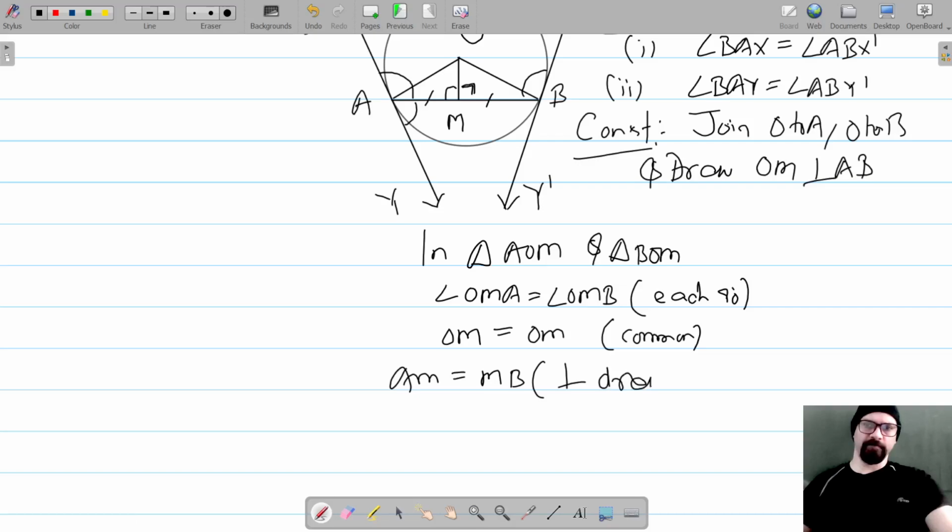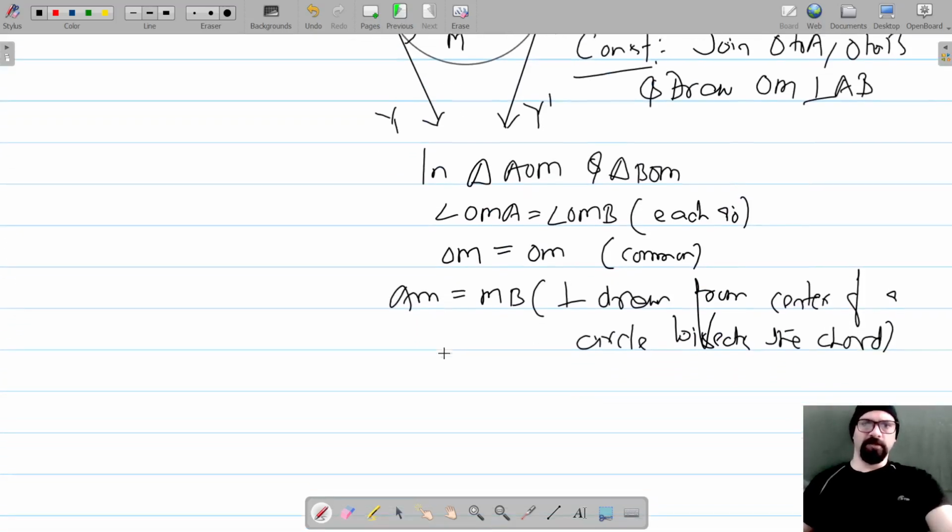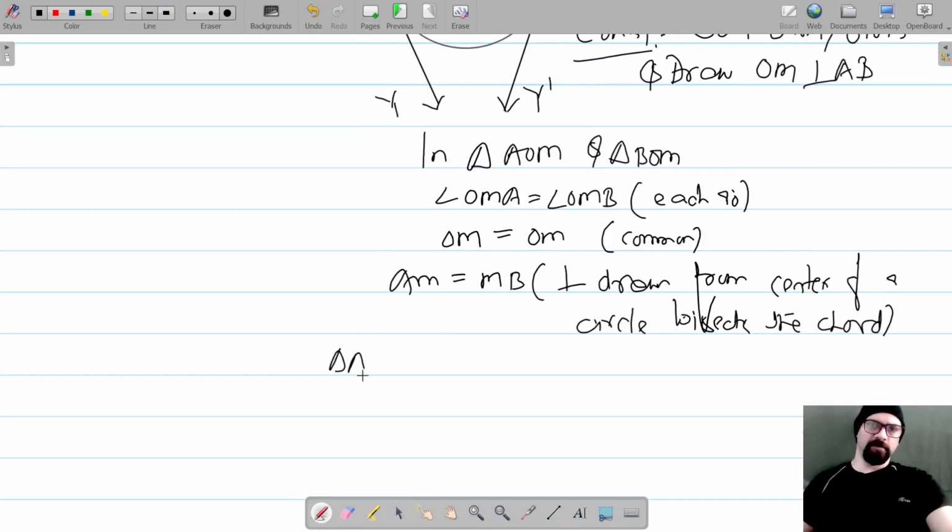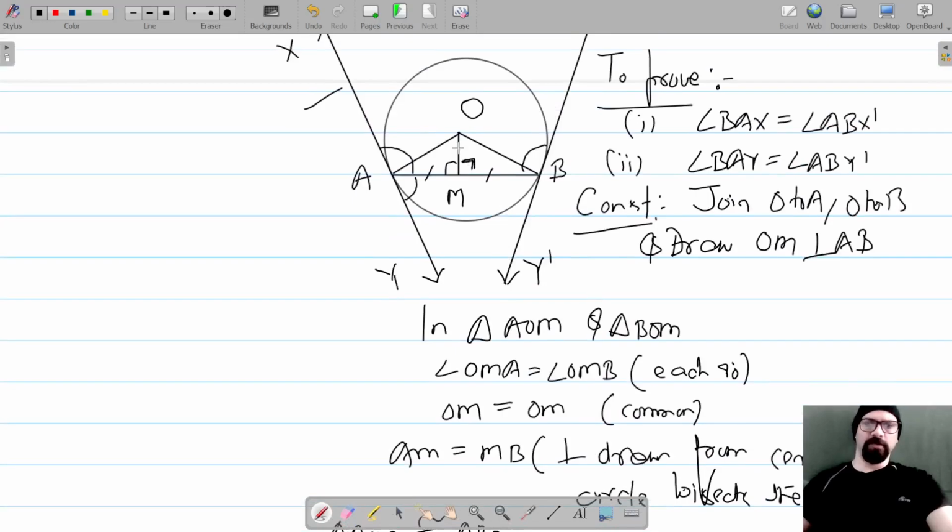Perpendicular drawn from the center of a circle bisects the chord. Okay, so that means triangle AOM is congruent to triangle BOM, and the rule here is SAS.